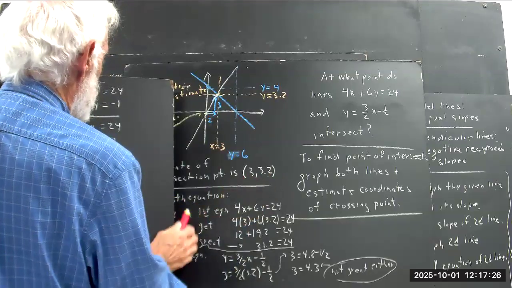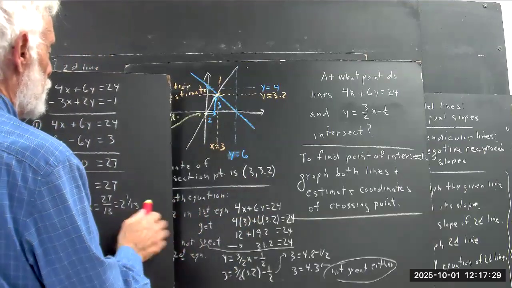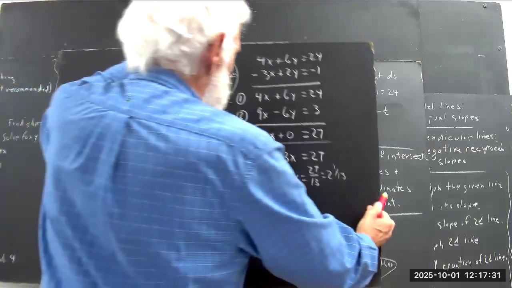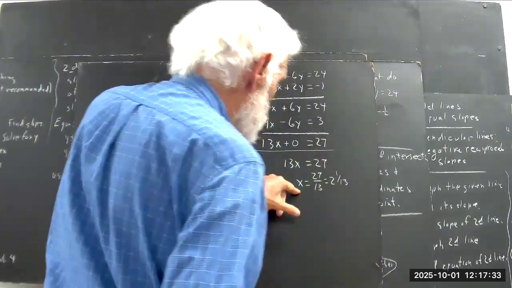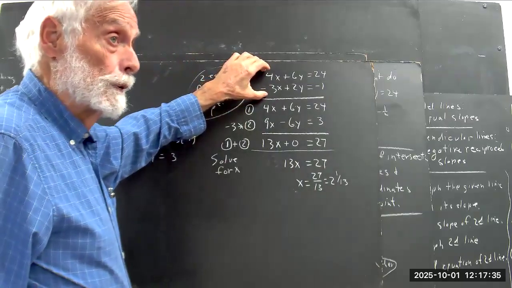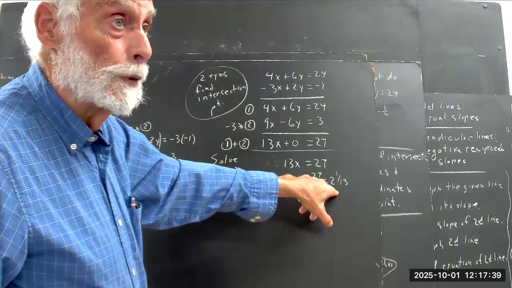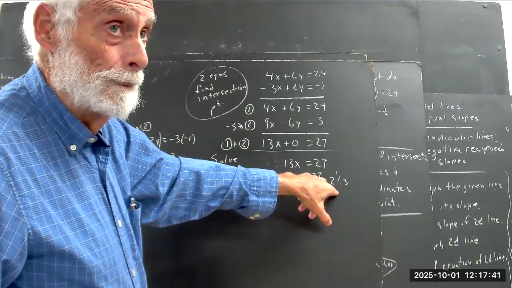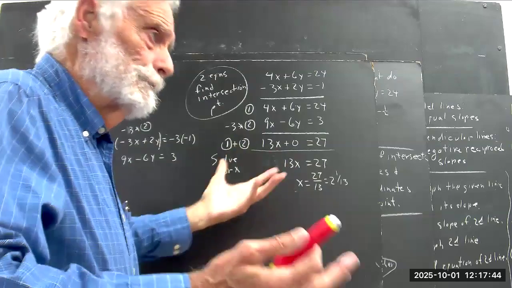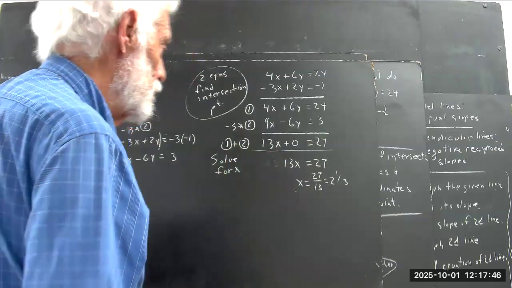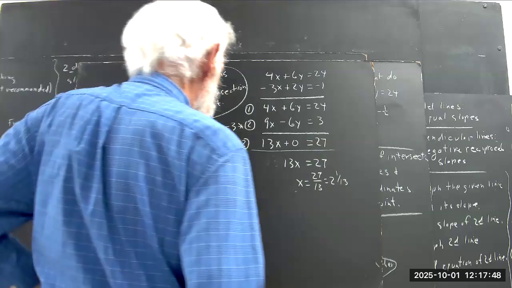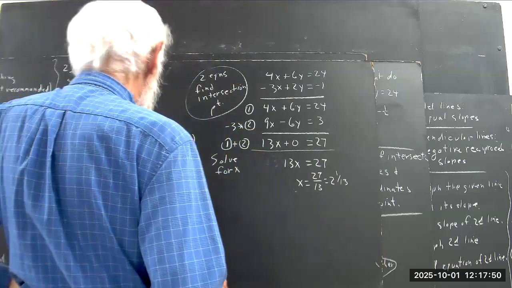So the 3 was off. This tells me that the intersection point of these two graphs ought to be where x equals 2 1/13. I estimated 3. Okay, so it wasn't that far off, but it did lead to the final result being pretty far off.